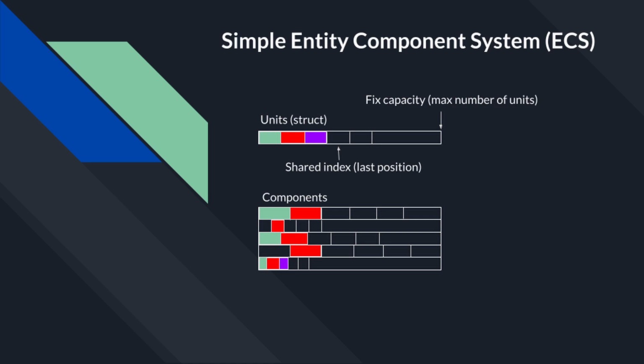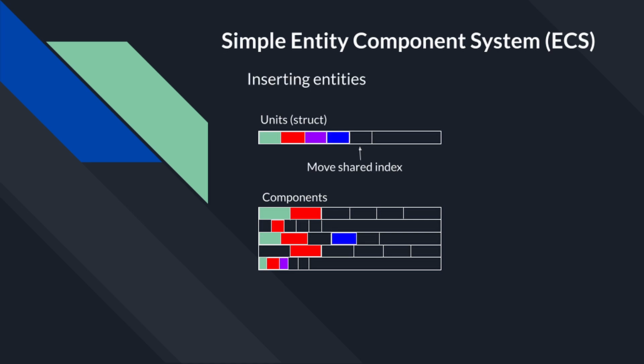And we keep track of the index corresponding to the last position of this array, which is shared among all arrays. In this system, we can easily insert new entities by placing them in the last position and moving the index one forward.